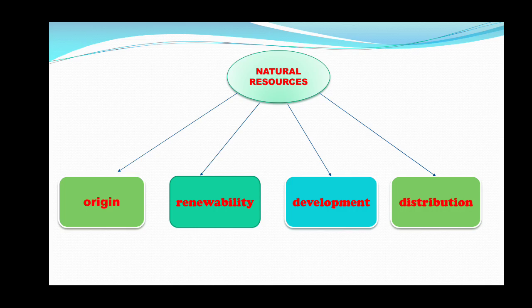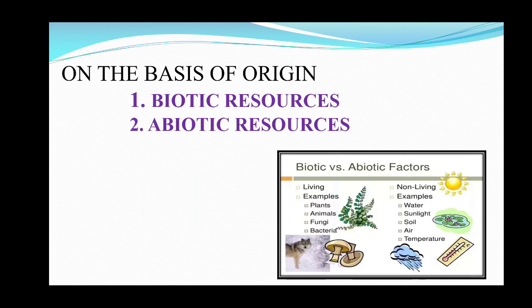Now first we will see the basis of origin. On the basis of origin, resources are classified into two categories: biotic and abiotic resources. First, we will see biotic resources. Here in this picture, there are some examples of biotic and abiotic factors: plants, animals, fungi, and bacteria.